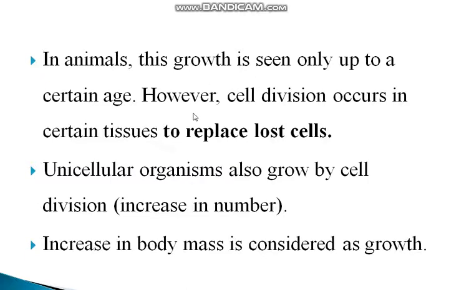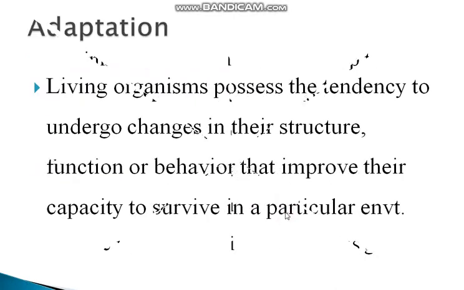However, cell division occurs in certain tissues to replace lost cells. Unicellular organisms also grow by cell division, that means increase in number. Increase in body mass is considered as growth.